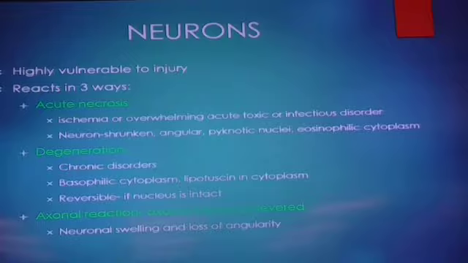And then the last one is axonal reaction, and that's when the axons themselves are injured. And we talked about that a little bit when we looked at Wobbler syndrome. Sometimes you have degeneration of the axons in those cases. And with that, you get neuronal swelling and loss of angularity. So these are the three ways that the neuron reacts to injury.